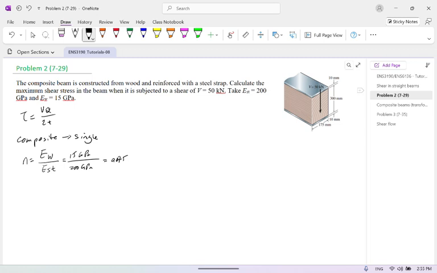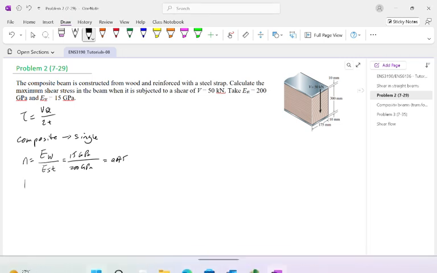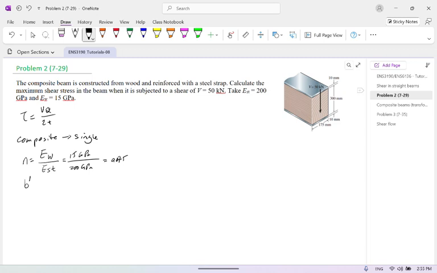So we should find the width of the material after transformation. That's why we say B prime for the steel. Remember, B prime steel is not real steel, it is for the wood after transformation. So B prime is equal to N times B wood.